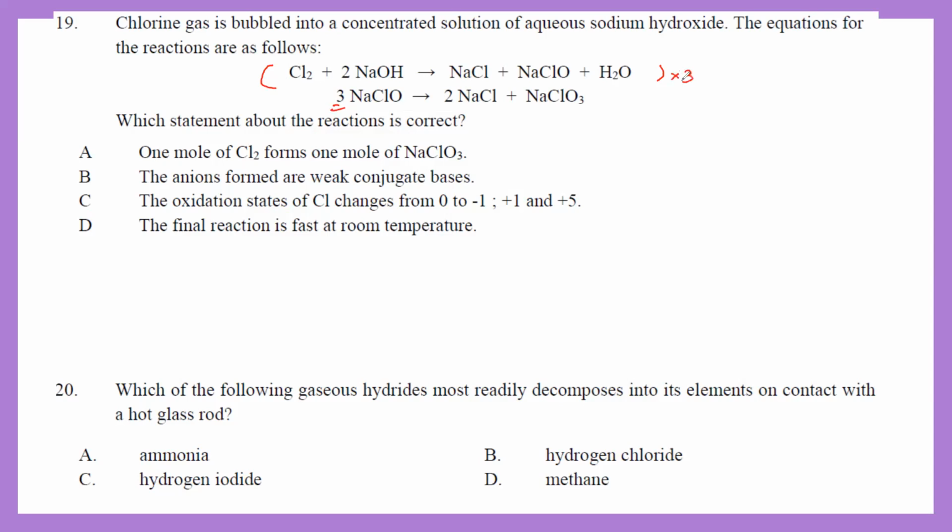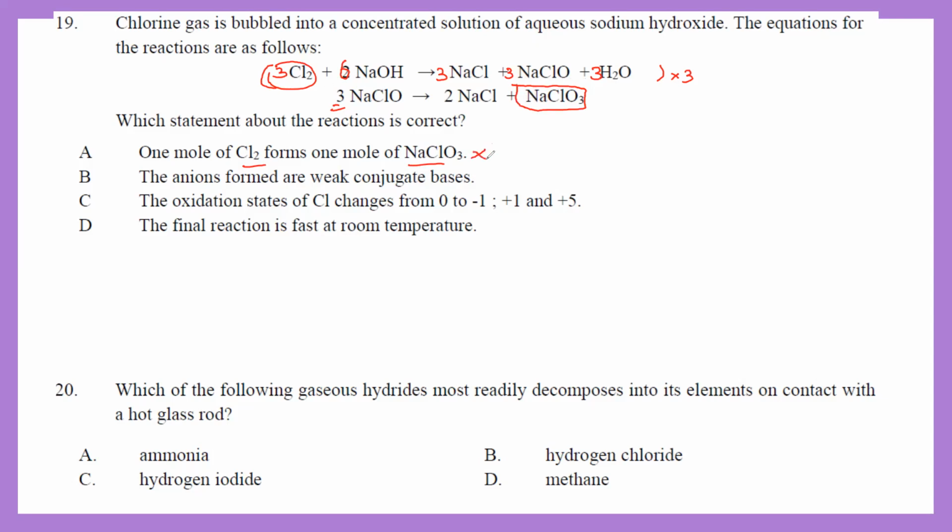So you shall have 3 Cl2 react with 6 NaOH to give 5 NaCl plus NaClO3 plus 3 water. Okay, 1 mole of Cl2 forms 1 mole of NaClO, so the ratio of Cl2 to NaClO is 3 to 1, as you can see in here.